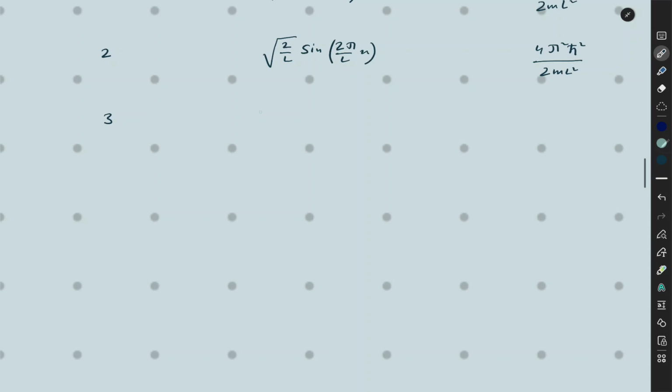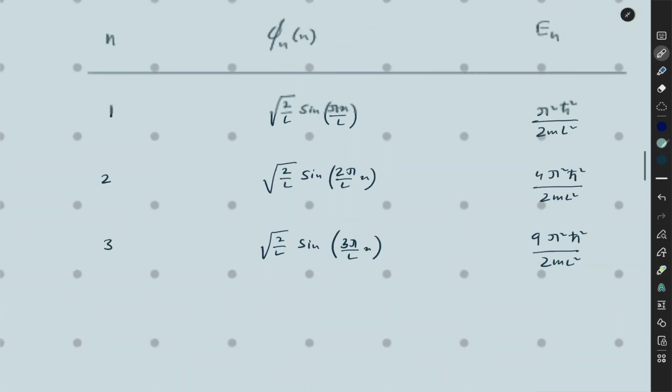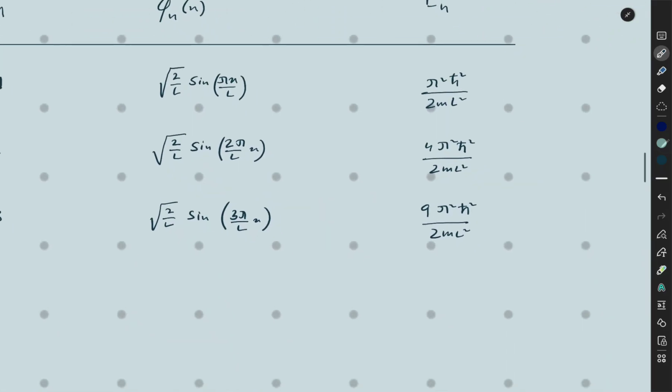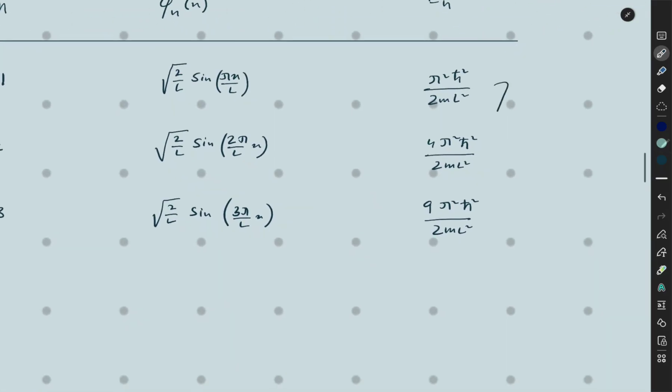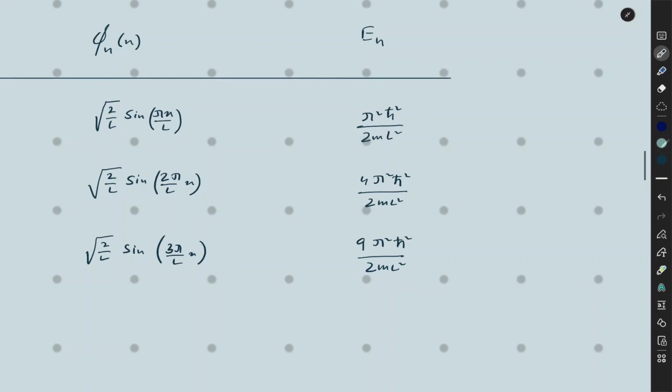And if you consider one more, we will get root 2 by L sine of 3 pi by L x, and then we will get 9 pi square h cut square by 2m L square. So these are all quantized energy. You can see that this is depending on n square, so n is quantized.